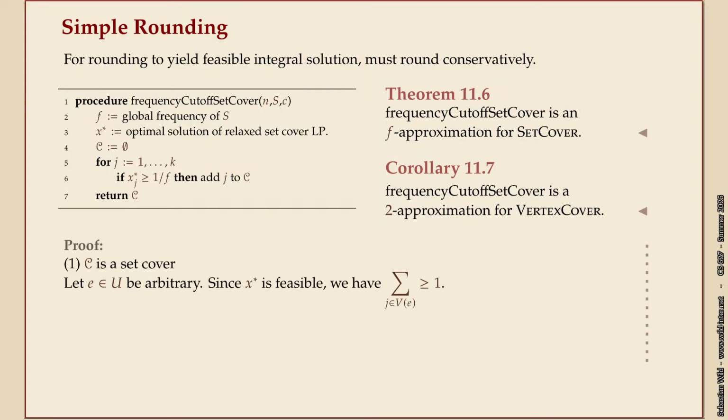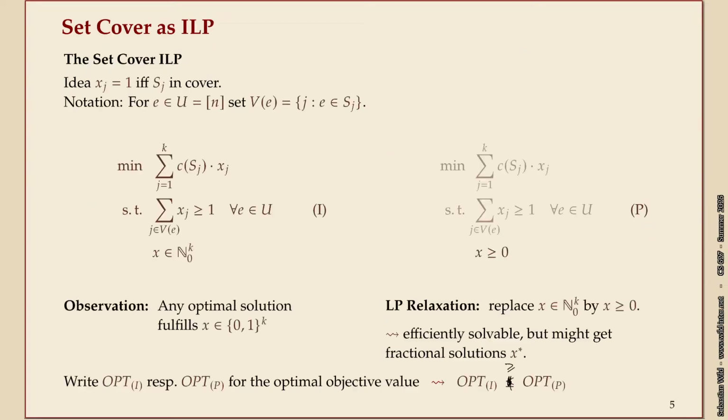Let's prove this quickly. We have 2 things to prove. First of all, that the algorithm even computes a valid set cover. And the second, the approximation ratio. To see that it's a set cover, take an arbitrary element from the universe. We have to show that it's covered in the solution. Now, we know that this x star, the optimal solution, was feasible in the LP. In case you forgot, that's the LP, right? It's worth taking a picture.